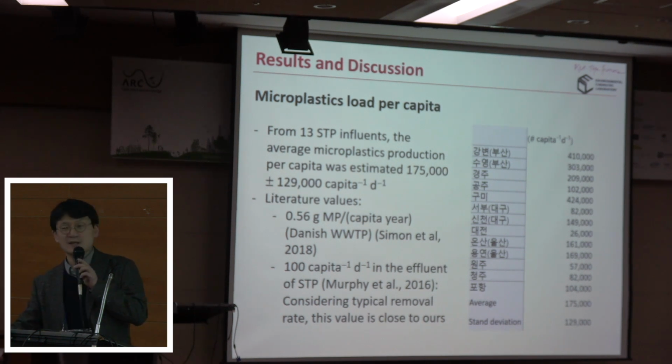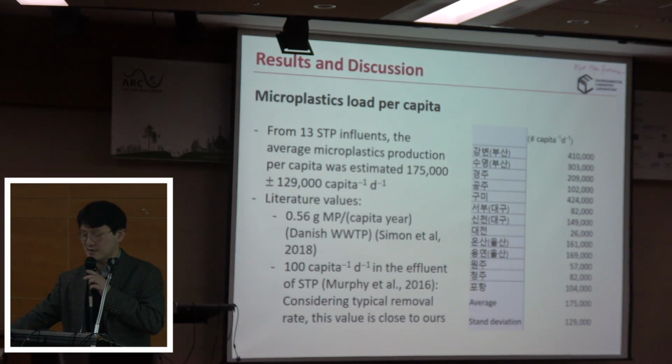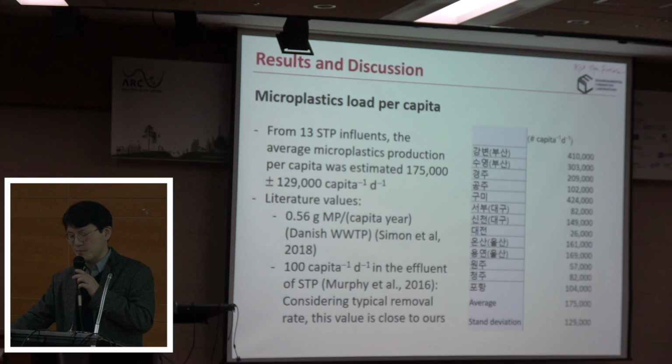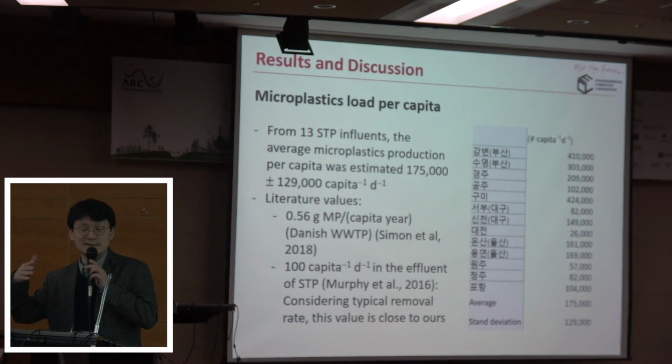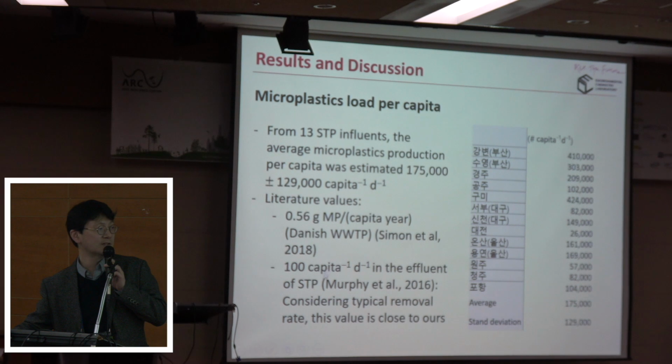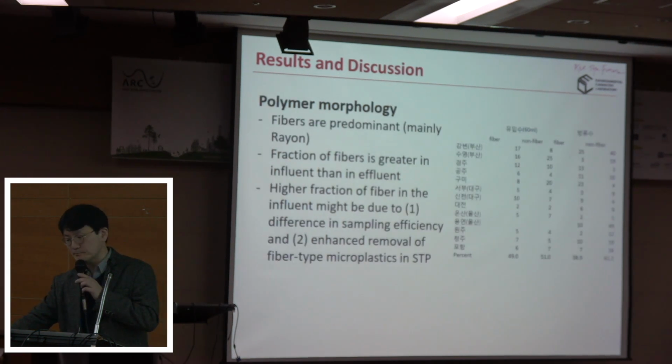And counting the fraction that is removed, it ends up with about 100 particles in the effluent, which is analogous to the study from the United States, Murphy and co-authors. They said that the order of magnitude of plastic load to the environment was estimated as 100 particles per day per capita, and it was more or less the same in Korea as well.